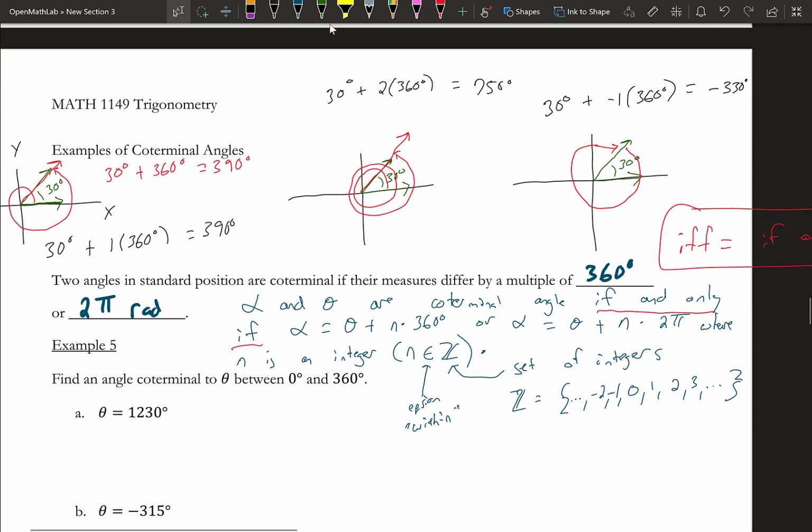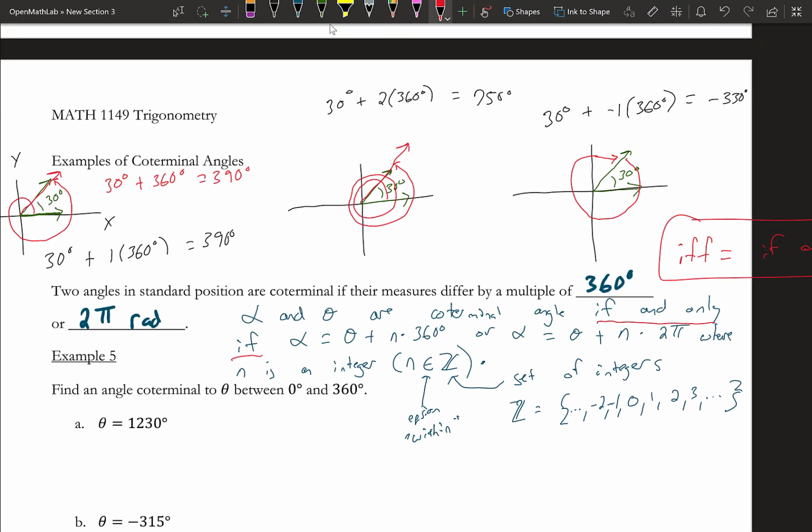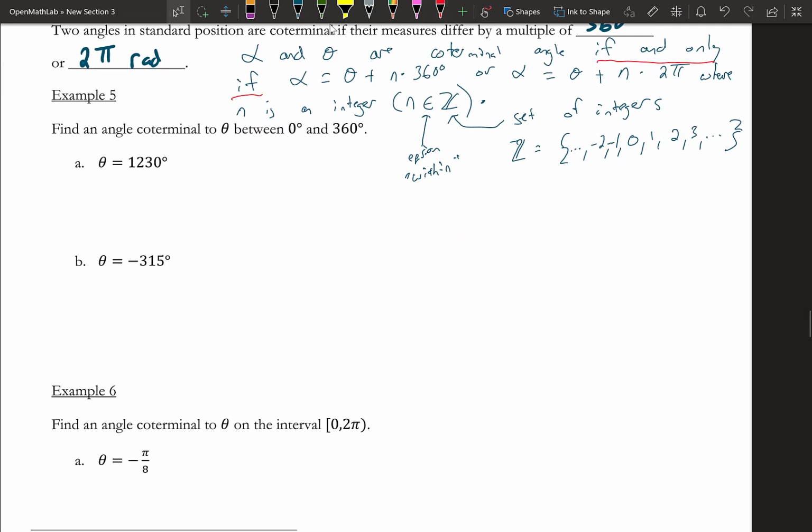So looking up here, 30 degrees is the same as 750 degrees in a lot of trig applications, because we're starting and stopping at the same point. So we can remove all those rotations because they're unnecessary. We could take 1,230 degrees, subtract off 360 degrees, and you get 870 degrees.